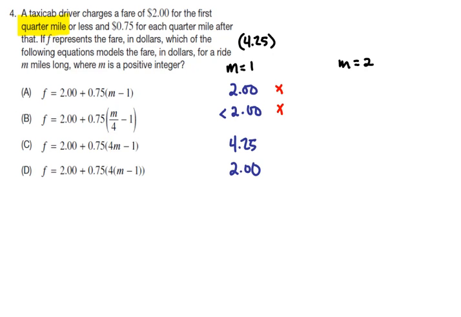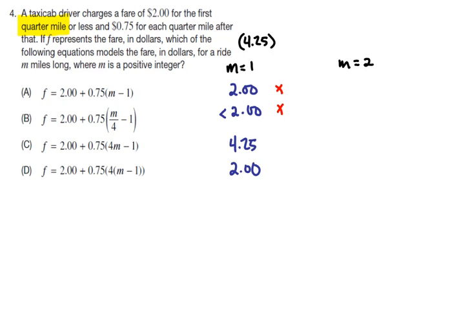So what we did in this particular problem was to try to figure out what the cost would be without a formula, and we should be able to do that for something very small like 1 mile. You could also do it for 2 miles as well. But m has to be a positive integer, so we couldn't do that for m equals 0.